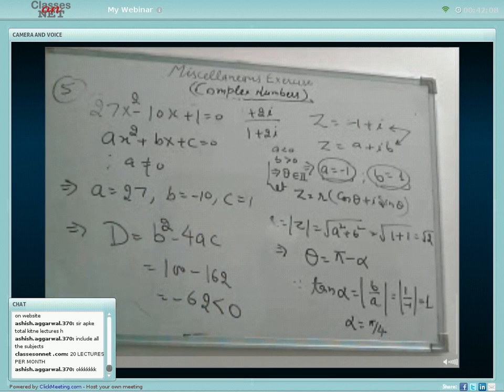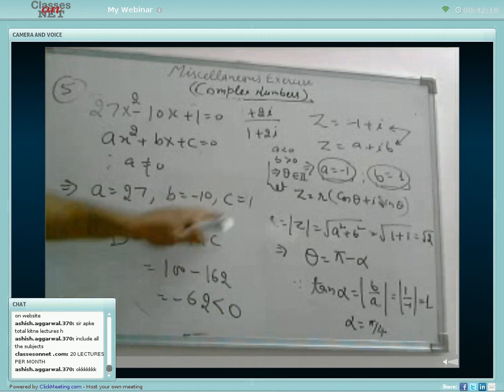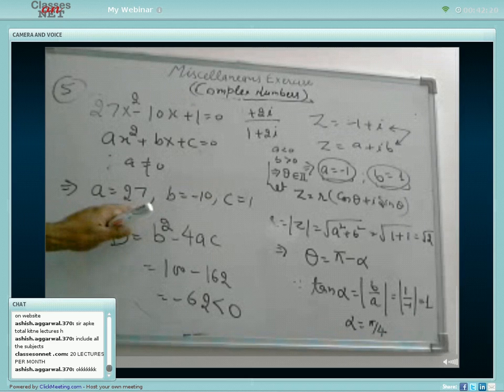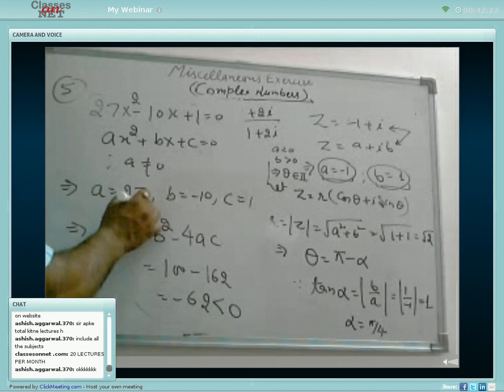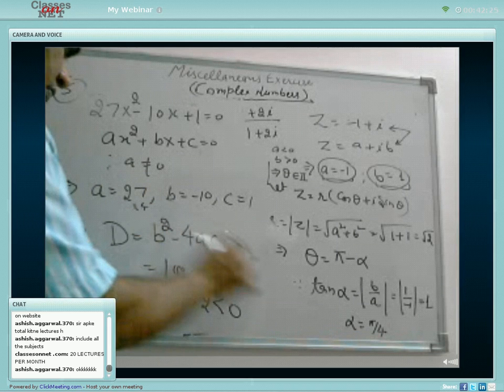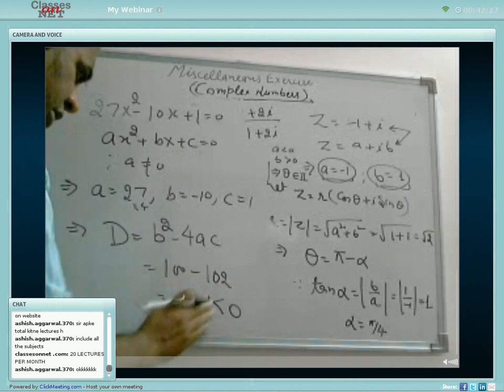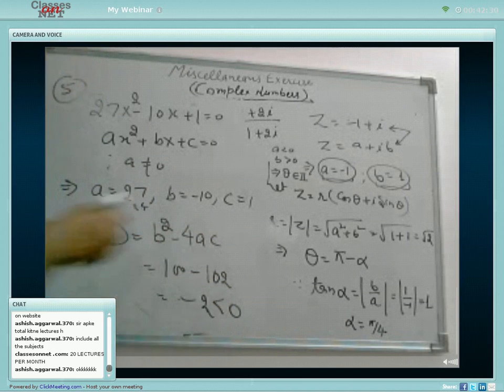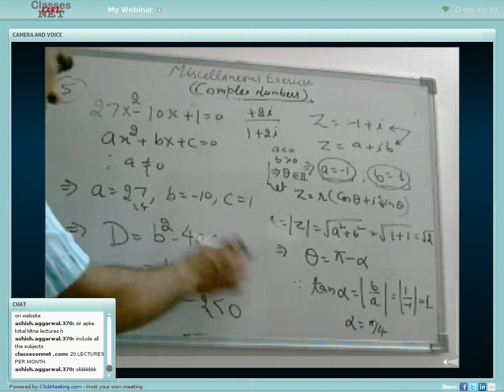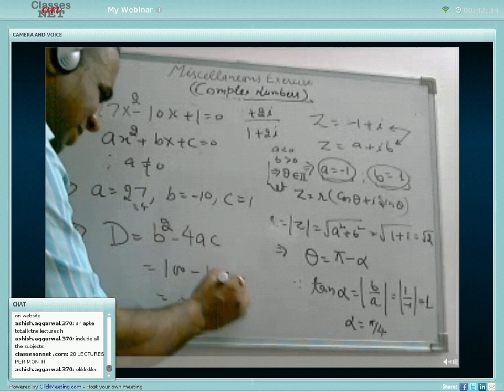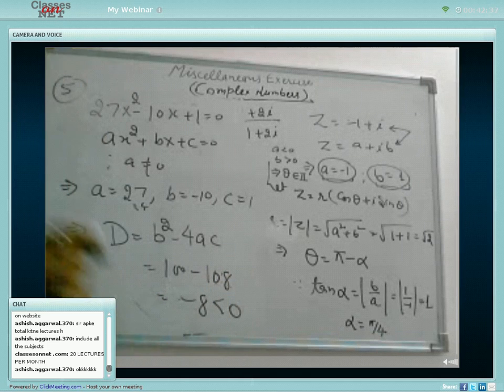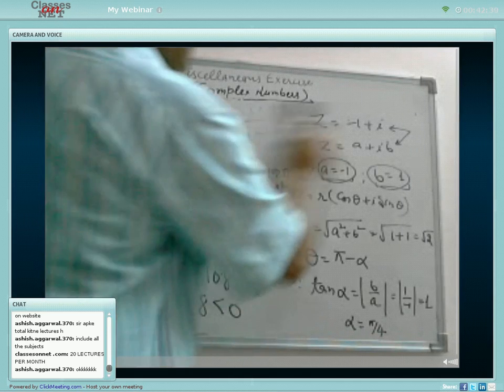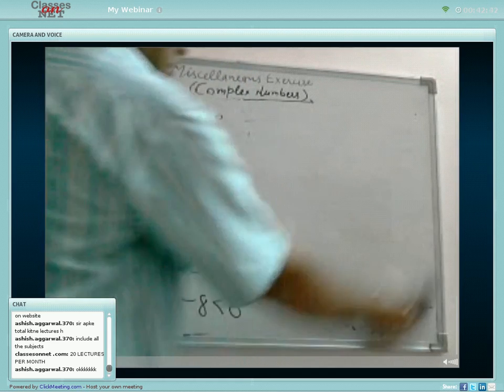And whenever d is negative, that means this quadratic has non-real or imaginary roots.